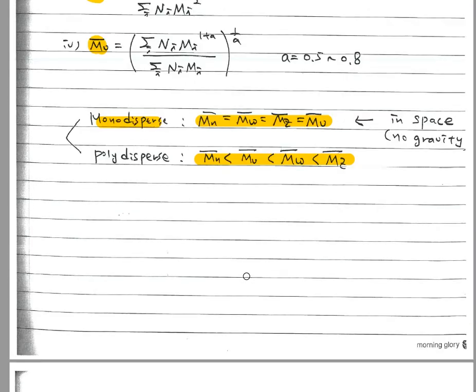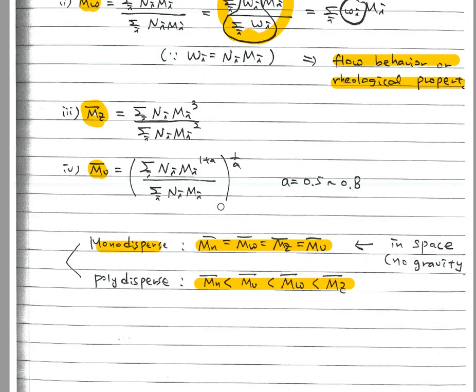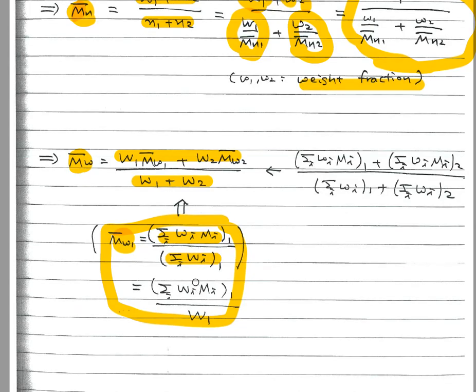Remember this definition here, okay? So if you put it here, you could easily get the relations, basically the definition of the weight average molecular weight of the blend shown here.